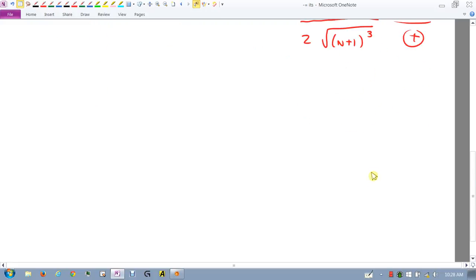We're not done. We need to write the final conclusion. So, interval of convergence. The interval of convergence is negative 1/5, do not include, right?